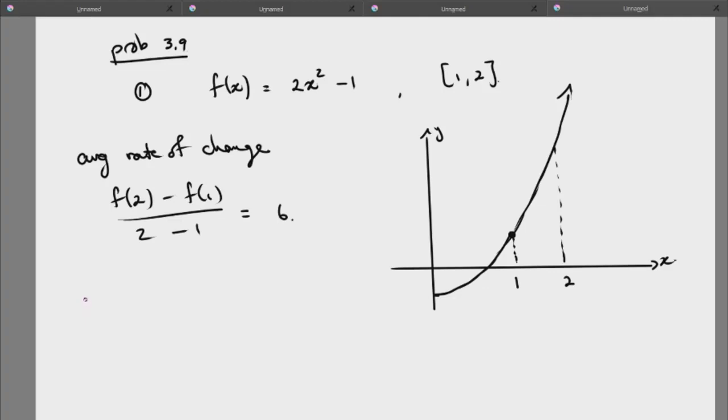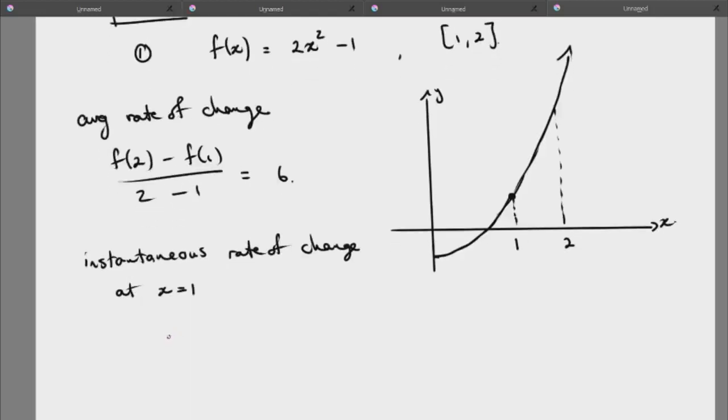I now know that the instantaneous rate of change at x equal to 1 can be obtained by looking at the limit as h goes to 0 of f of 1 plus h minus f of 1, because the 1 is my point, over h.